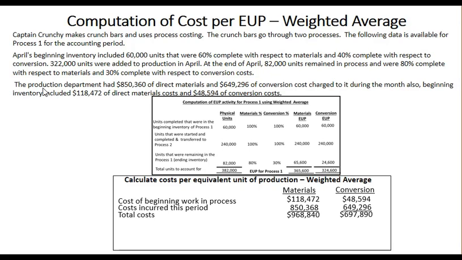And again, the information regarding these costs are in the third paragraph of the slide here above. But what we see is we include not only the costs that we incurred during the period for materials and conversion costs, but we also include the cost that is a part of beginning work in process.